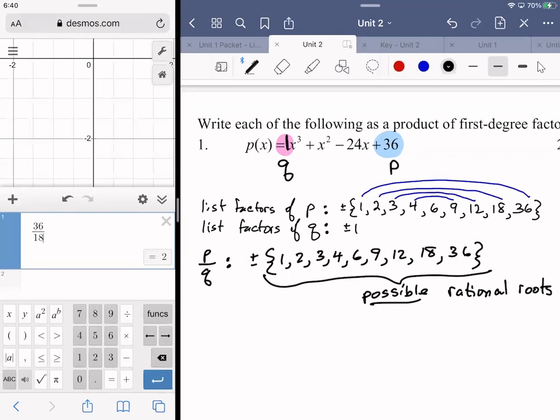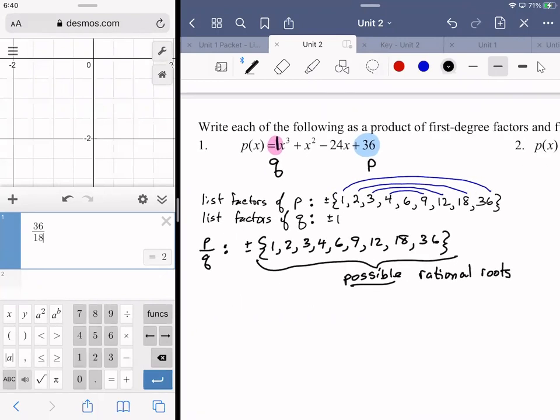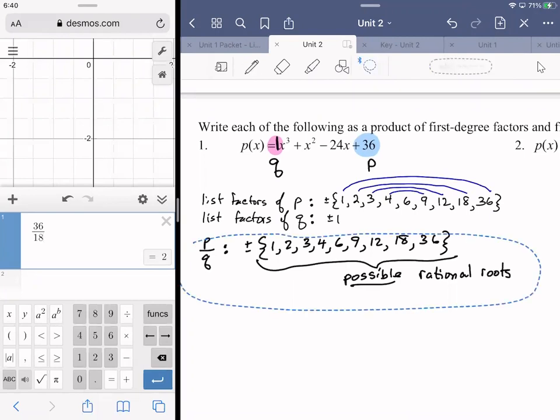So it covers everything from whole numbers to integers to nice fractions, ugly fractions, as long as they can be fractions. They're considered rational roots. All right. So, and you'll see why in a minute. You've already seen how tedious it is, but you'll see why it's archaic in a minute if you haven't already figured it out.